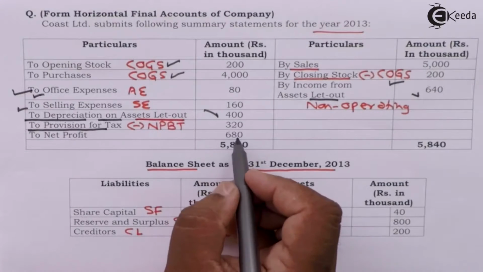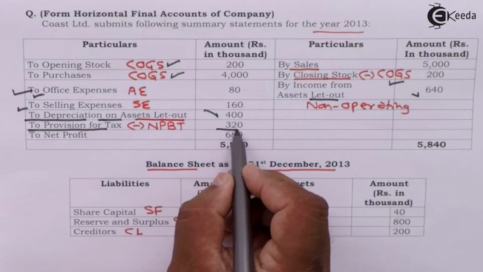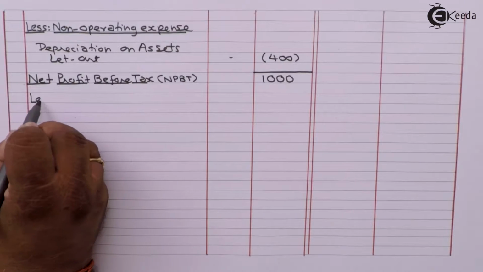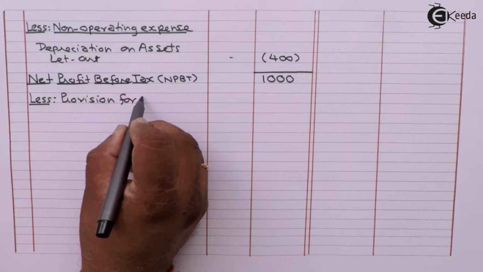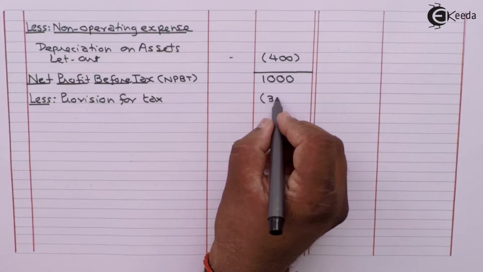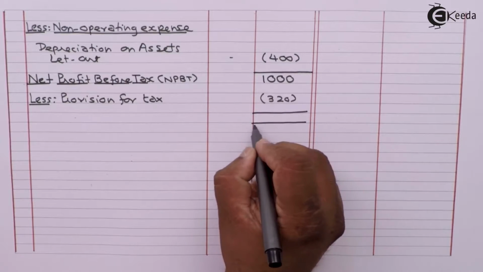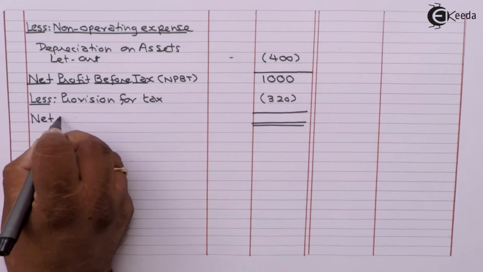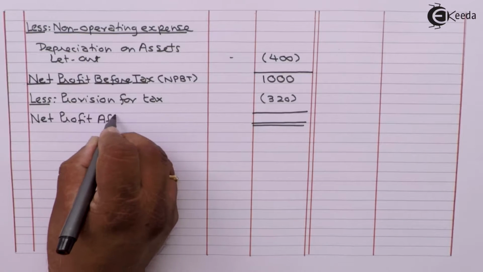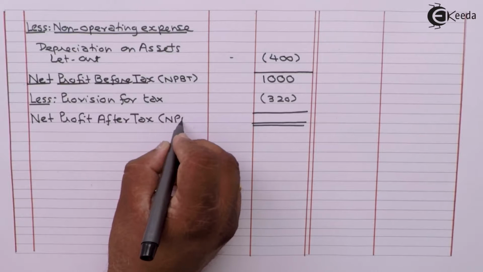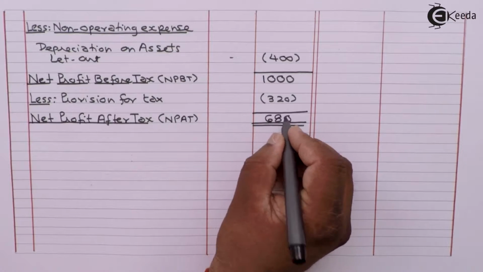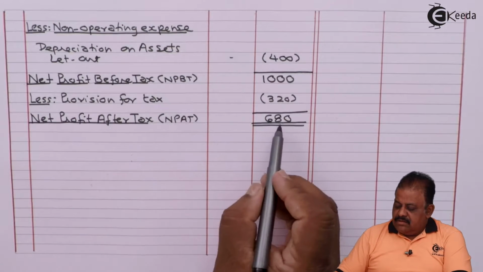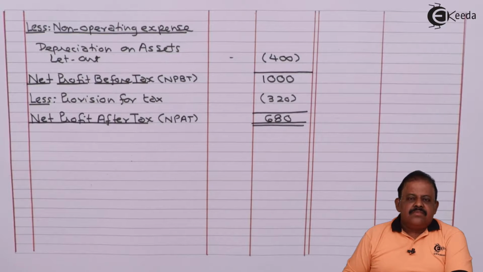Provision for tax we have 320. Net profit after tax 680. So we have completed vertical income statement.